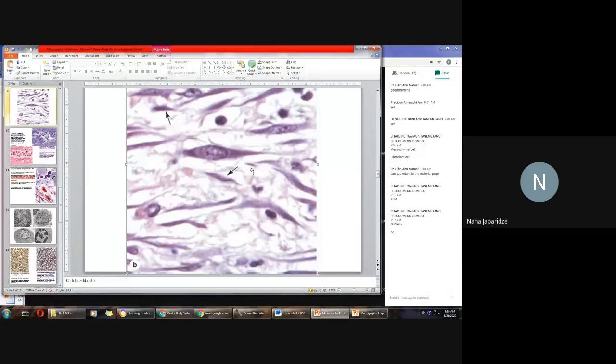These are collagen fibers. And this not stained part is ground substance. So for midterm, you have to know the content of the ground substance, how they are arranged in the ground substance.